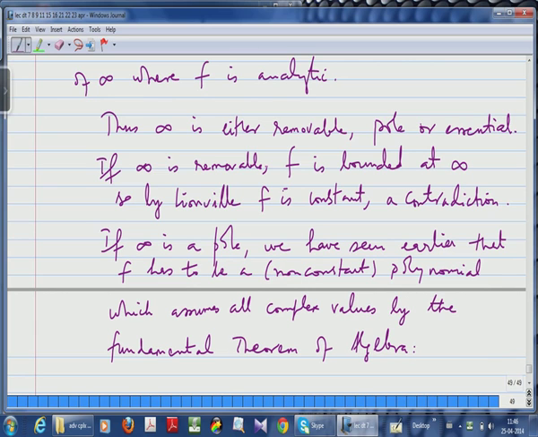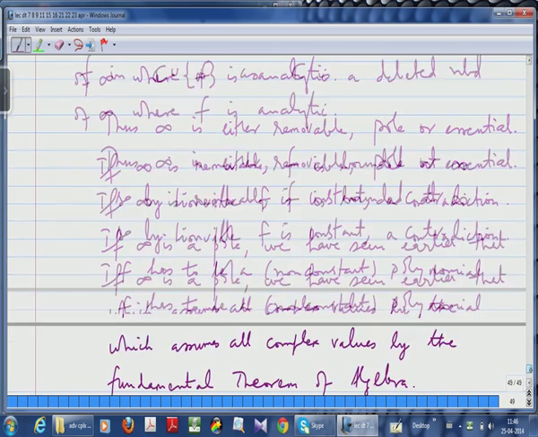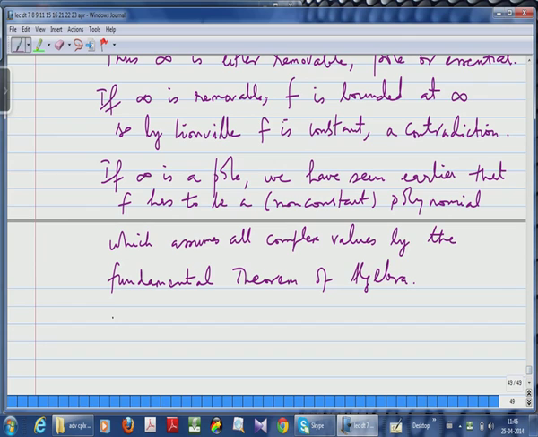So the only other case is when infinity is an essential singularity.